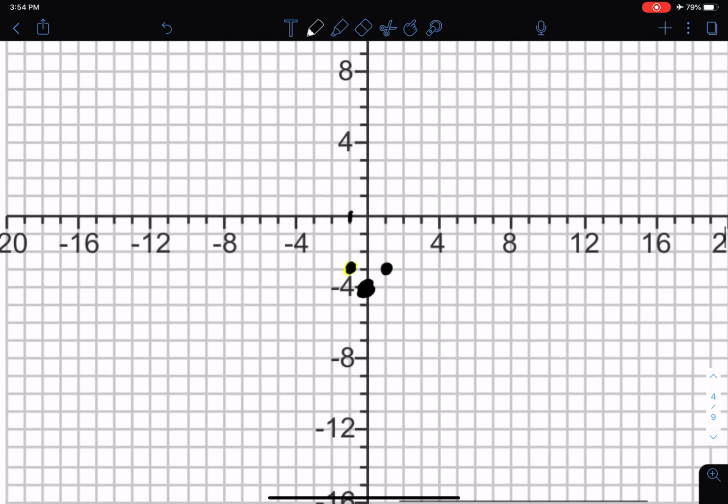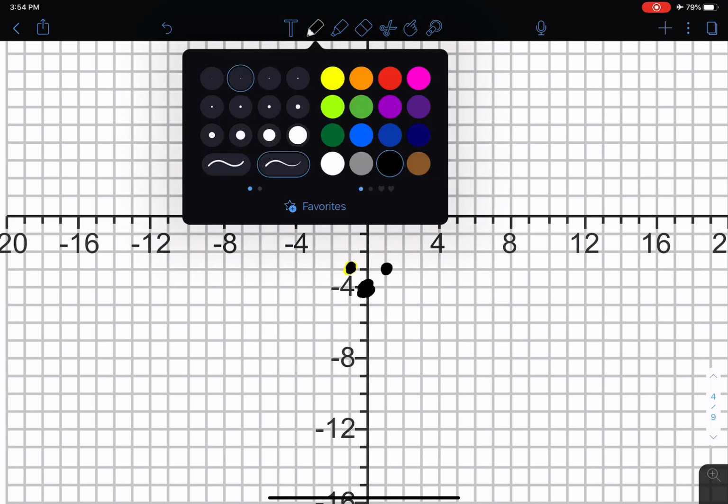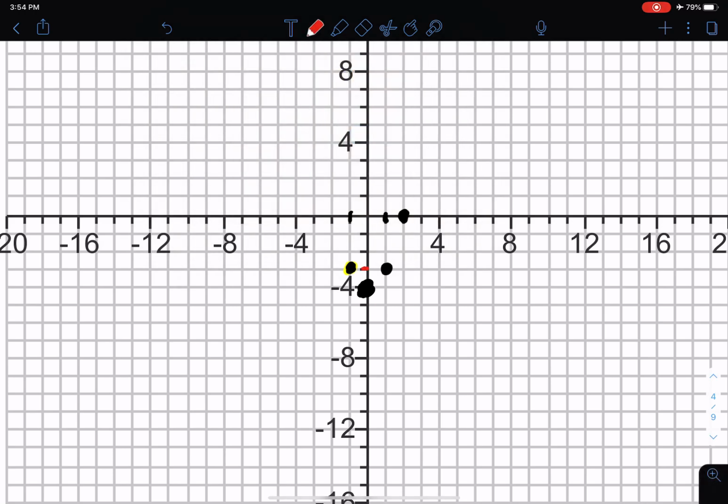So when I take a look at this, I go to the right 2 comma 0. There's another point. And the fact that I've already established this symmetry because this is equidistant to that, I know that I can get another point. If that's 2 to the right, I can go 2 to the left, and I can predict another point. It's kind of 2 for the price of 1 with these parabolas.